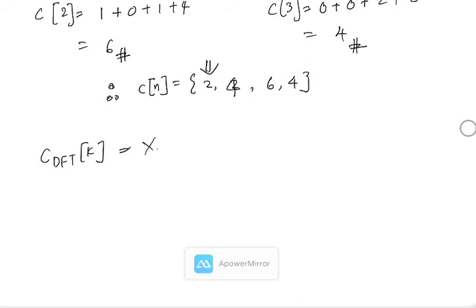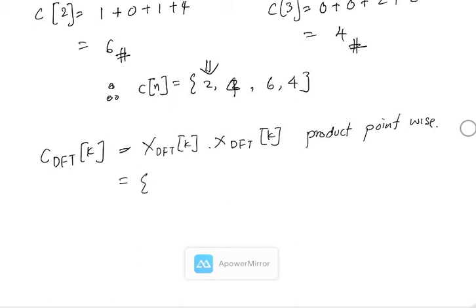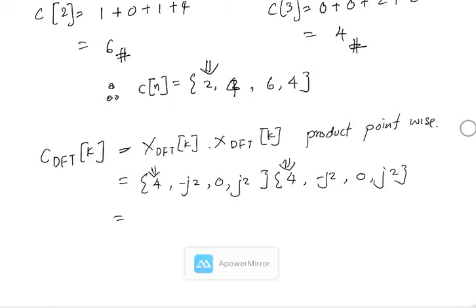This means that the X DFT k is a product pointwise with the Y DFT k. So you multiply each point. 4 times 4 you get 16.